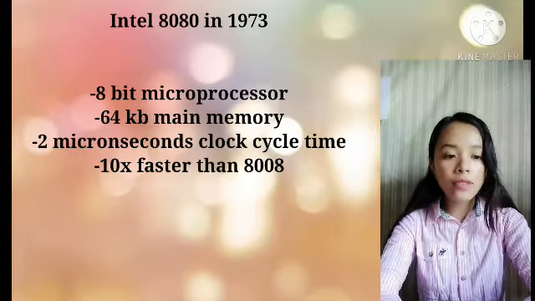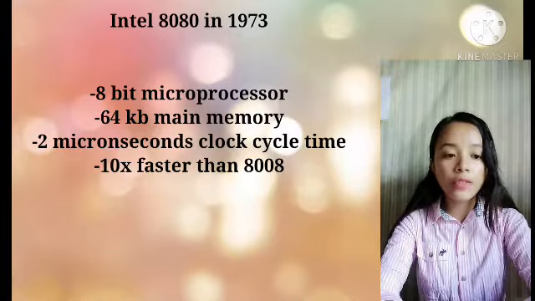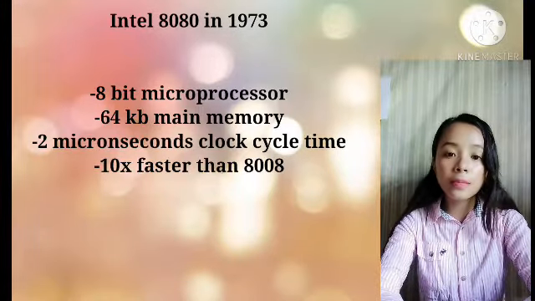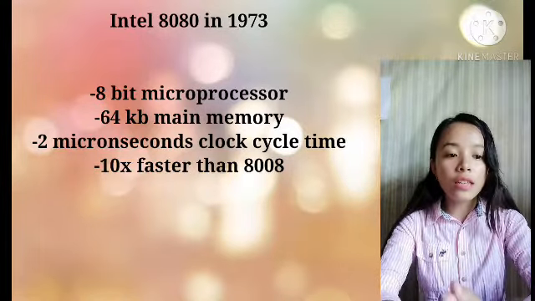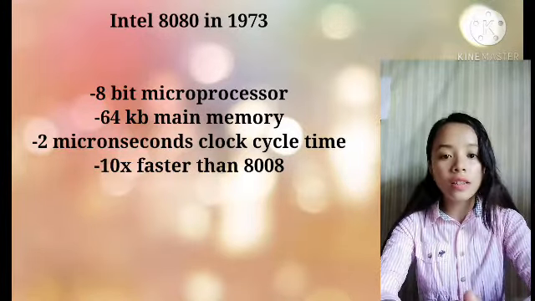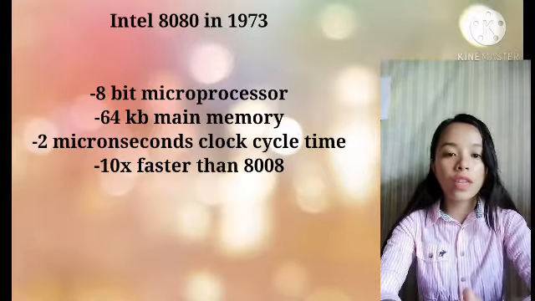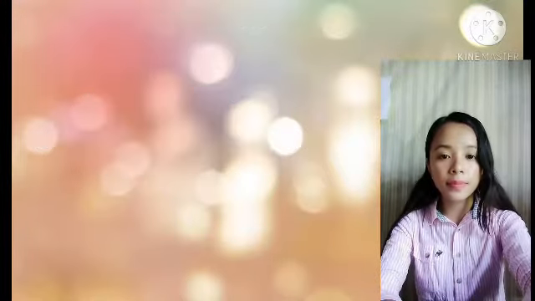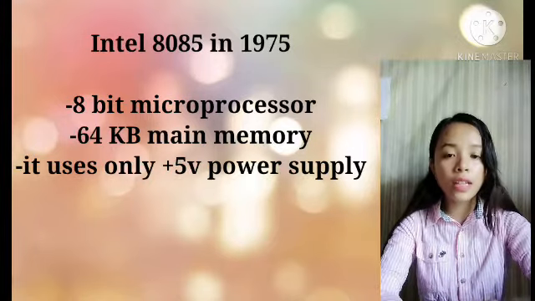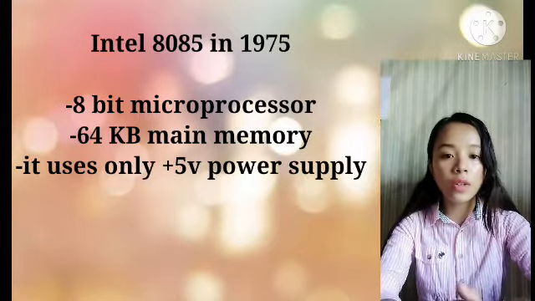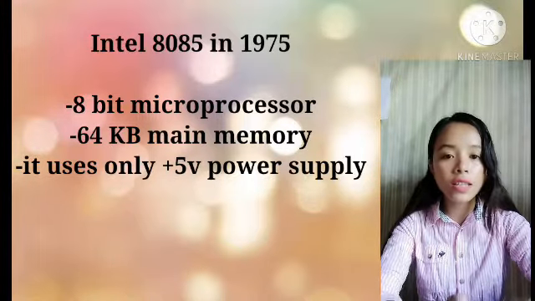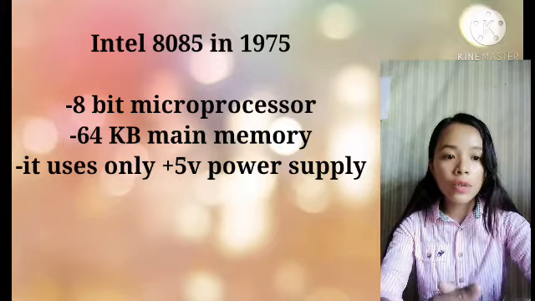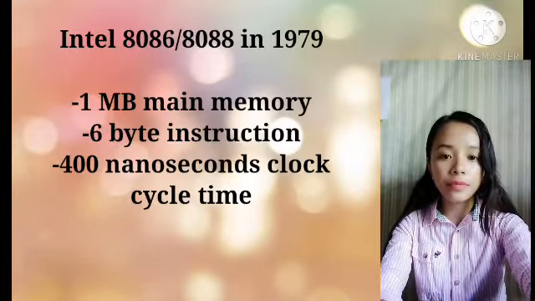Next is the Intel 8080 in 1973. It has an 8-bit microprocessor, 64 KB main memory, a 2 microsecond clock cycle time, and is 10 times faster than the 8008. Next is the Intel 8085 in 1975. It also has an 8-bit microprocessor, 64 KB main memory, and uses only a 5 volt power supply.